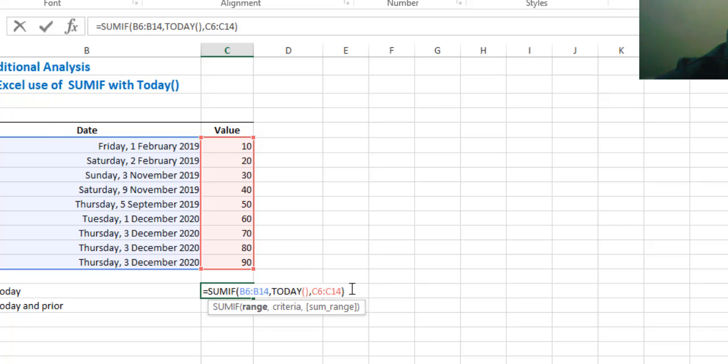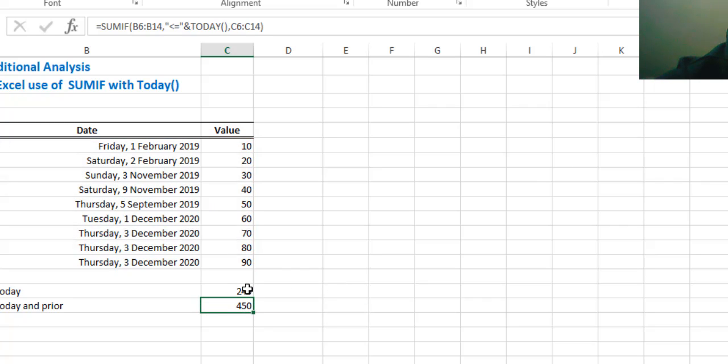So when we click enter, we get this 240, and we know that 70 and 80 and 90 equal 240.